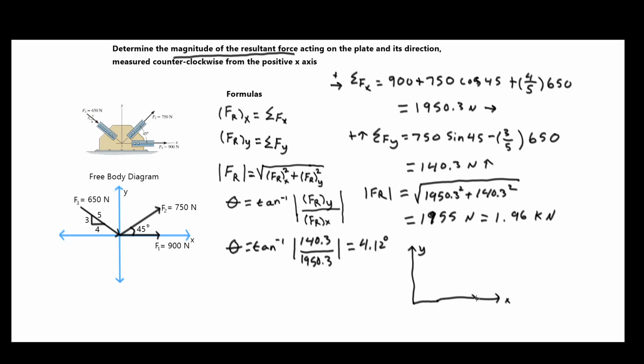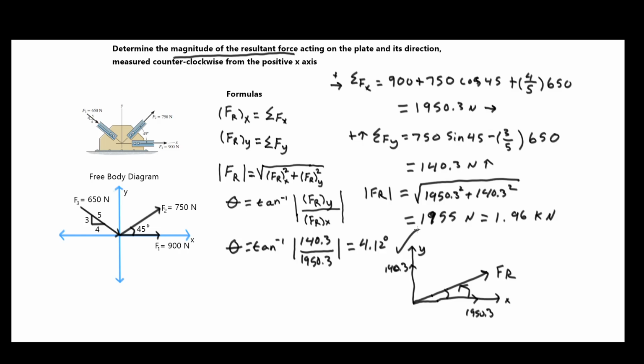So your x component's here, and your y component's here. So that's 140.3, and then this is 1,950.3, and then our resultant force angle was 4.12 degrees right here, and we're going counterclockwise from the x-axis, so you know it's 4.12 degrees.